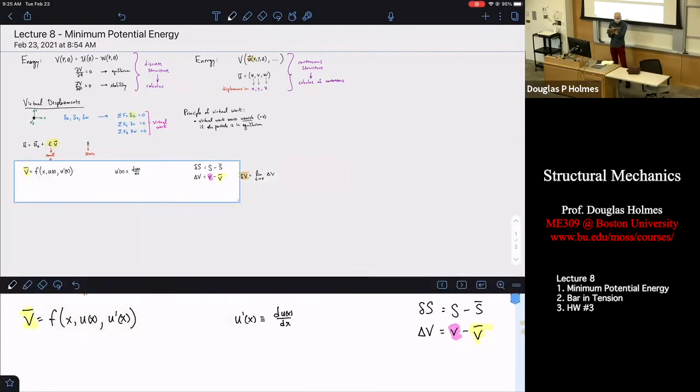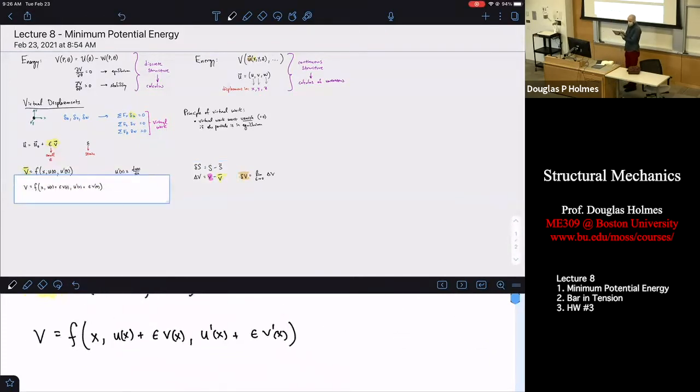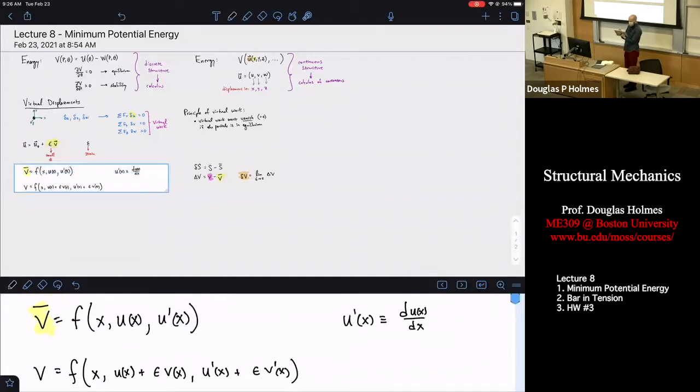Our perturbed potential energy looks like that. It looks kind of awful, but it's really not that bad, I don't think. I hope. Let me just point out what we did.